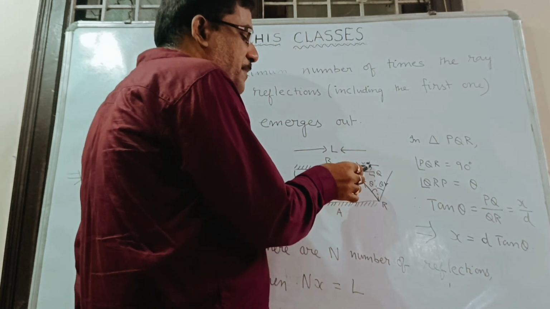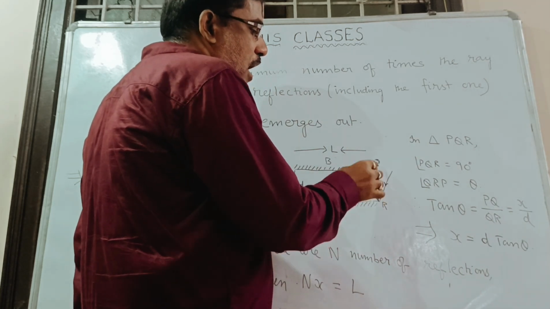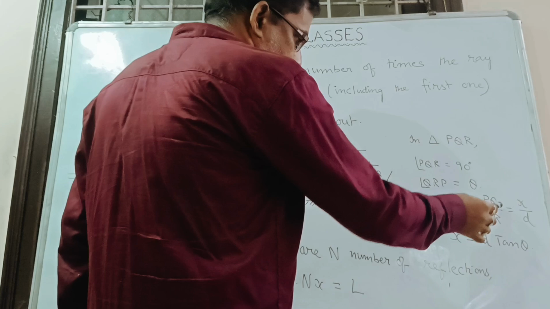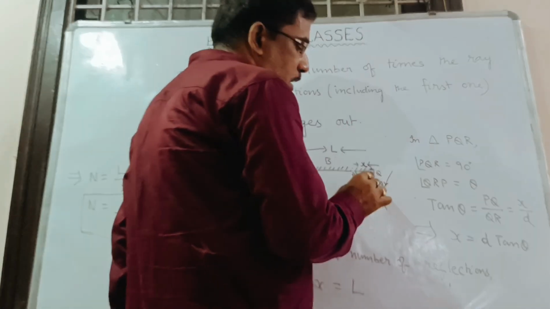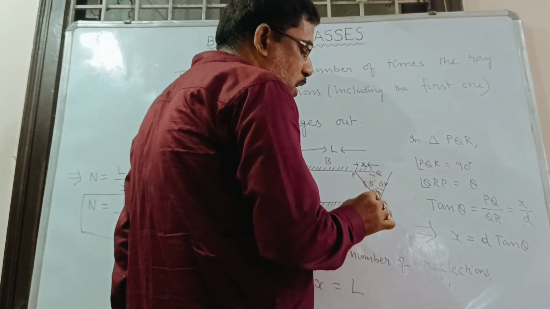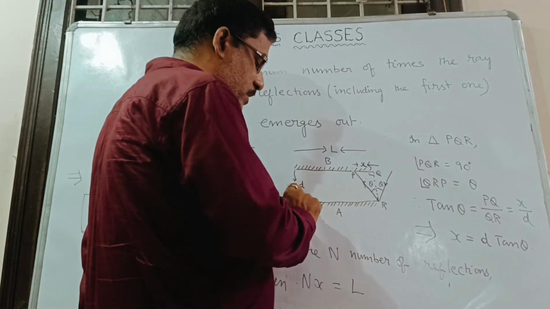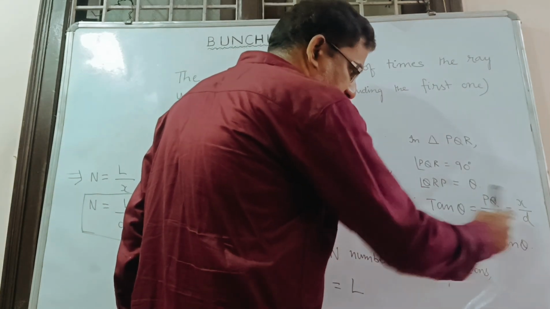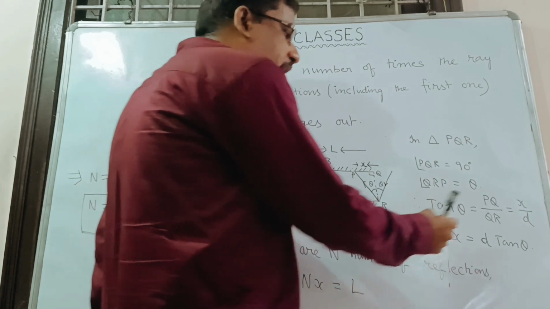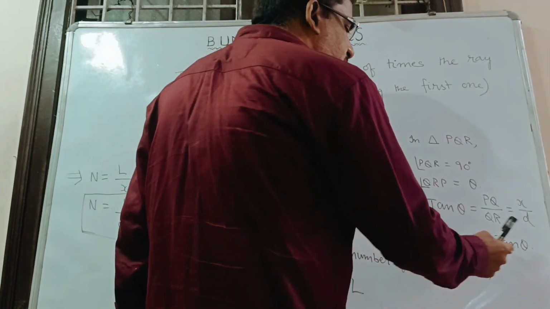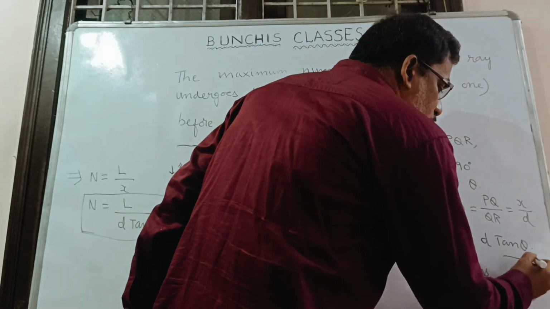What is theta's opposite side? PQ, and theta's adjacent side is RQ. That is nothing but PQ by QR. PQ is x. And what is QR? QR is nothing but the distance between the two mirrors, that is small d. So x by d is the value of tan theta. Then we can calculate x is equal to d tan theta. Let it be equation 1.